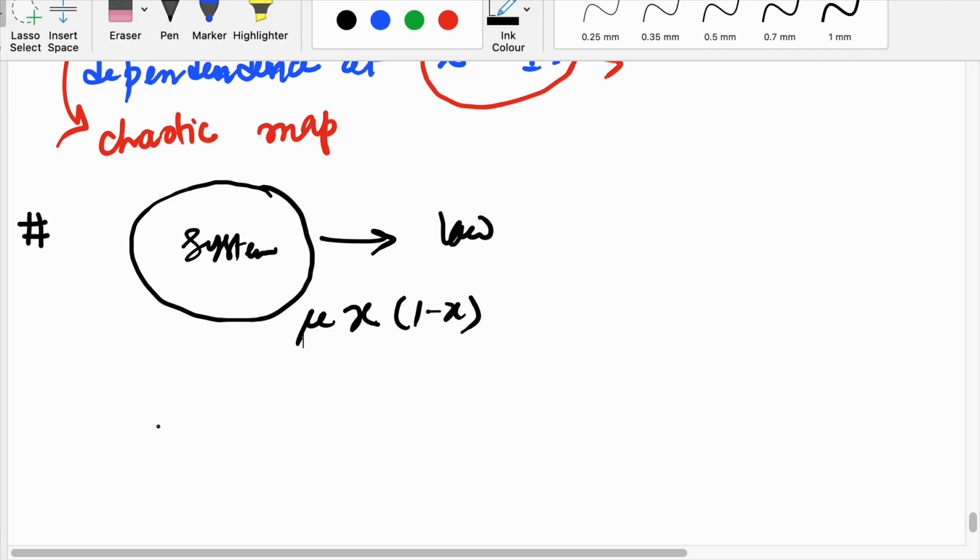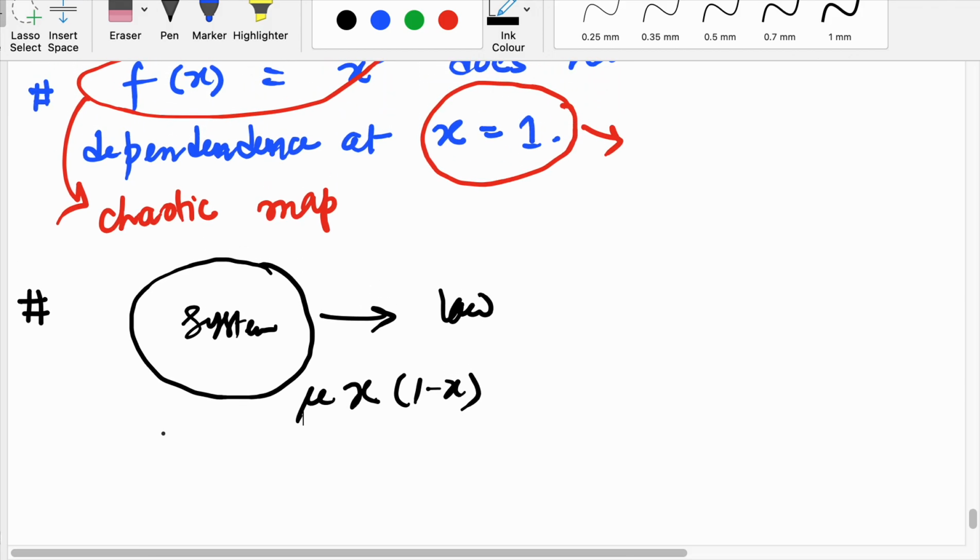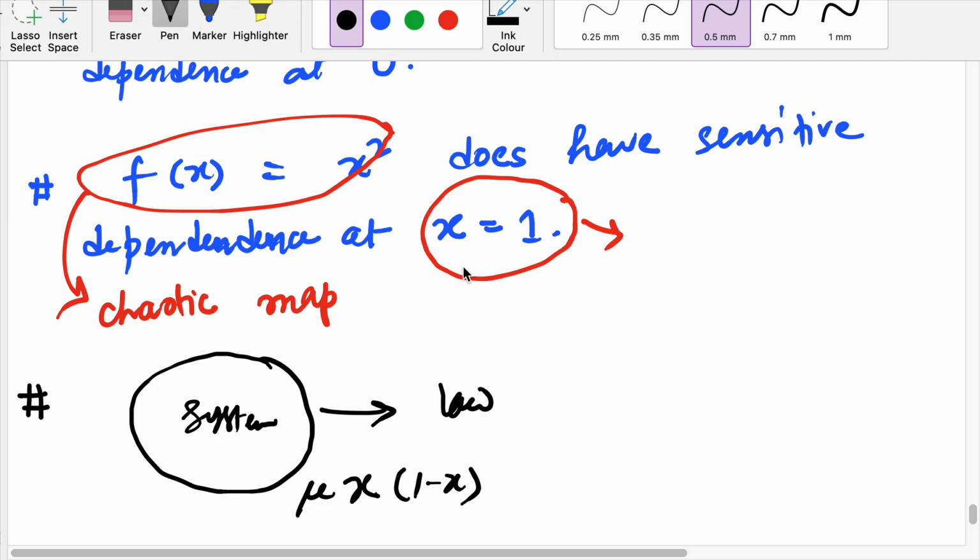So although we know the law behind the system, how it is governed and how it evolves with time, we can't predict exactly. That's why we say the system becomes chaotic. So whenever we say chaotic, sensitivity comes with it. But in the case of this example, f(x) equal to x square, it is sensitive, but it is not chaotic at all.